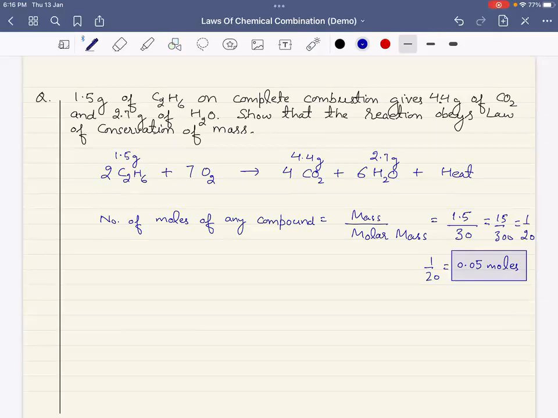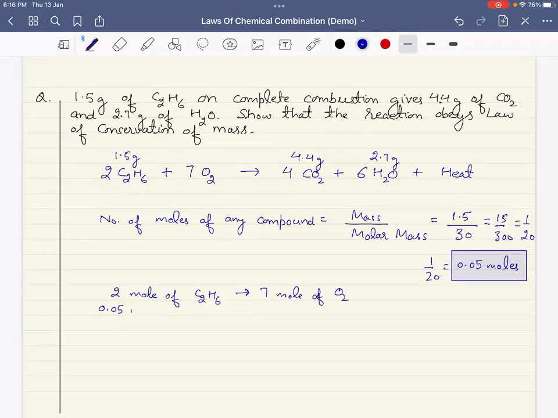So from this we can find out the moles of oxygen. So here we see for 2 moles of ethane we require 7 moles of oxygen. So let us write it down that 2 moles of ethane C2H6 requires 7 moles of O2 oxygen.